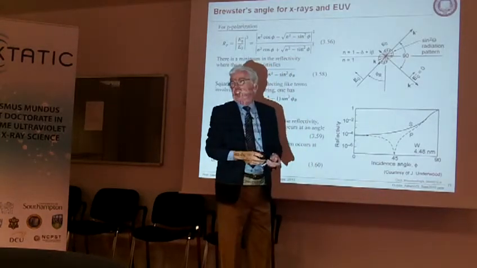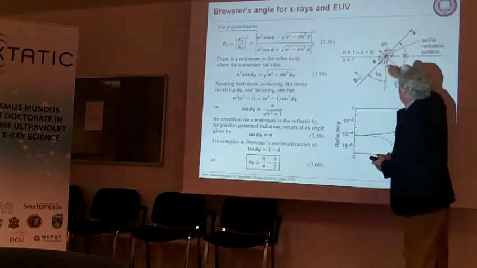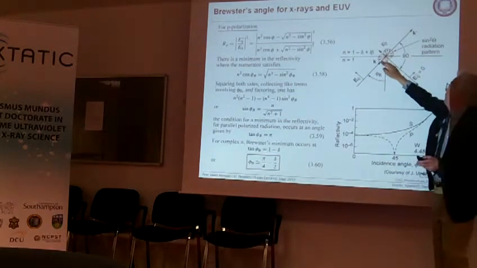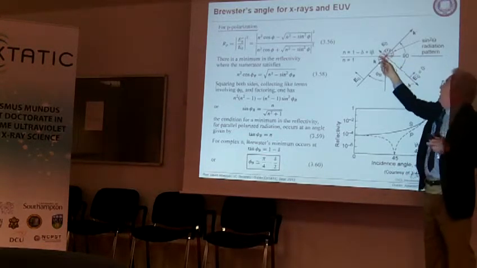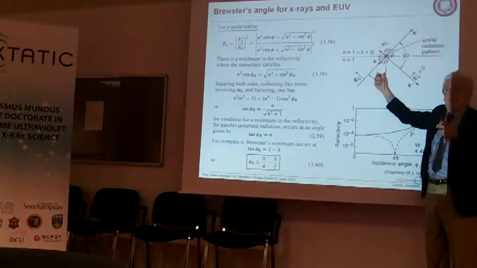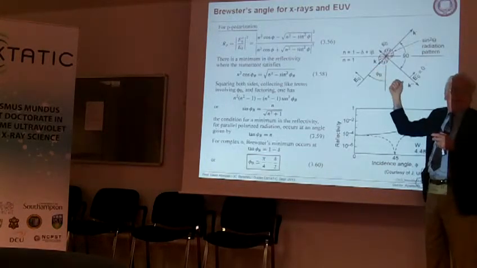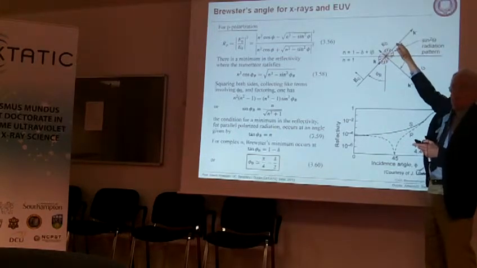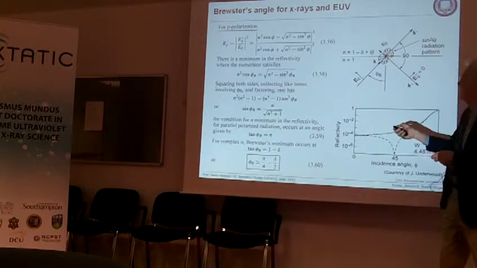Well, it turns out for X-rays, the refractive index is so close to unity that if you come in at about 45 degrees, just slightly off from 45 degrees, all of the electrons are oscillating this way, and there is no reflection. No atom or electron is scattering radiation or energy into this direction. It's okay for the refracted wave, but there's 0 for the reflected wave, and that comes out of the mathematics.